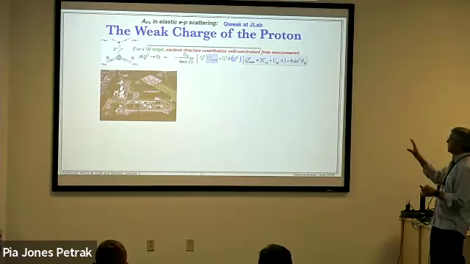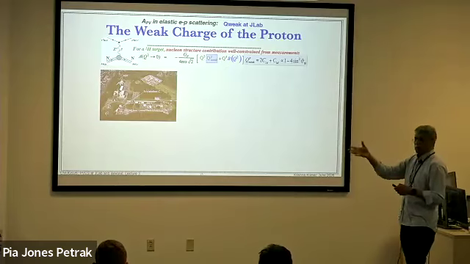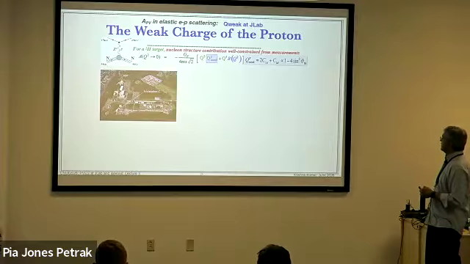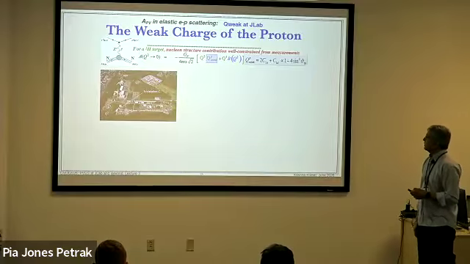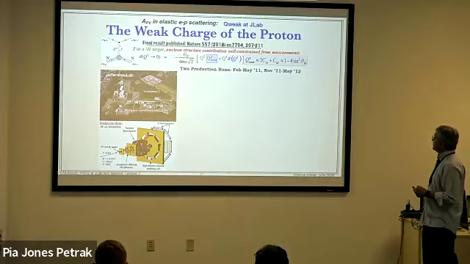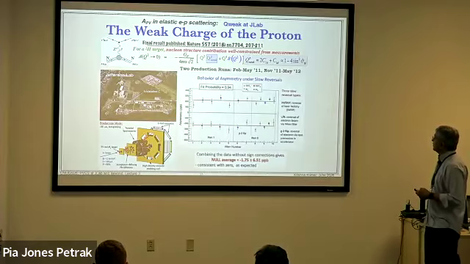You can just put it all together into the form factors in here like this. And then the weak charge is proportional to 1 minus 4 sine squared theta W, or in the language of the C's, 2C1U plus C1D. So this is just elastic scattering.